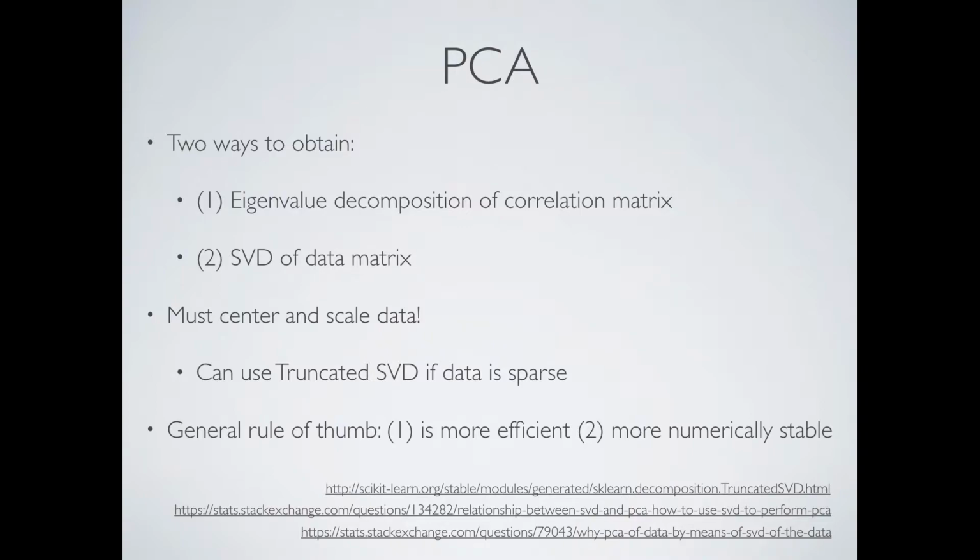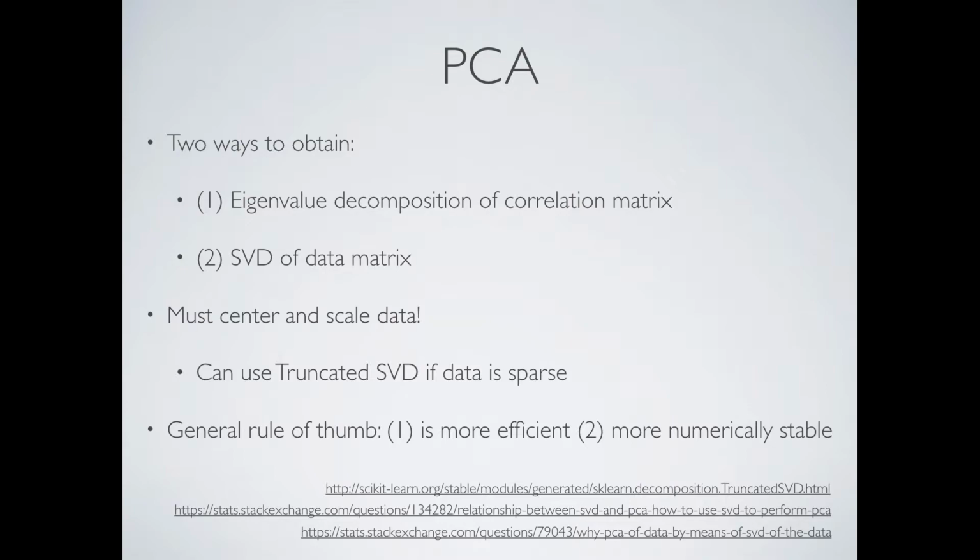There are two ways to get it, and that's why I introduced these two different matrix factorization methods. It's really cool because you can actually mathematically prove that these two methods are the same. One is you can do an eigenvalue decomposition of basically a correlation matrix, which is a matrix of correlation between your features. That's a square matrix. Or you can just do a singular value decomposition on your original data matrix.